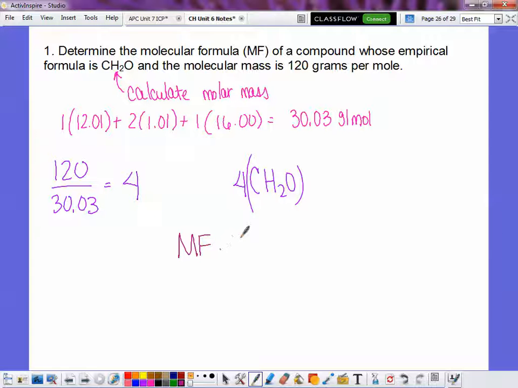So what is our molecular formula here? C4H8O4. Maintains the same ratio of 1 to 2 to 1, but shows the actual number of those atoms in the compound. Okay? Questions on that?